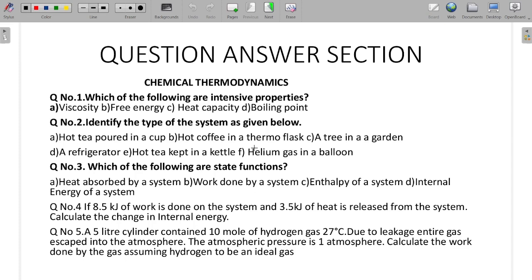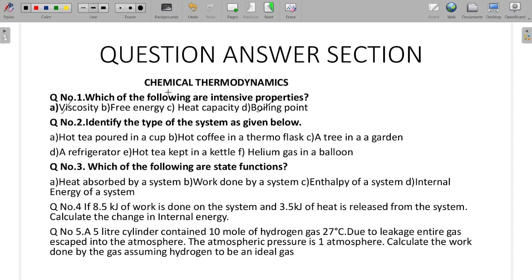It is independent of the amount of the matter. So, from the 4 options, that is viscosity, free energy, heat capacity, and boiling point, we can take up viscosity and boiling point.